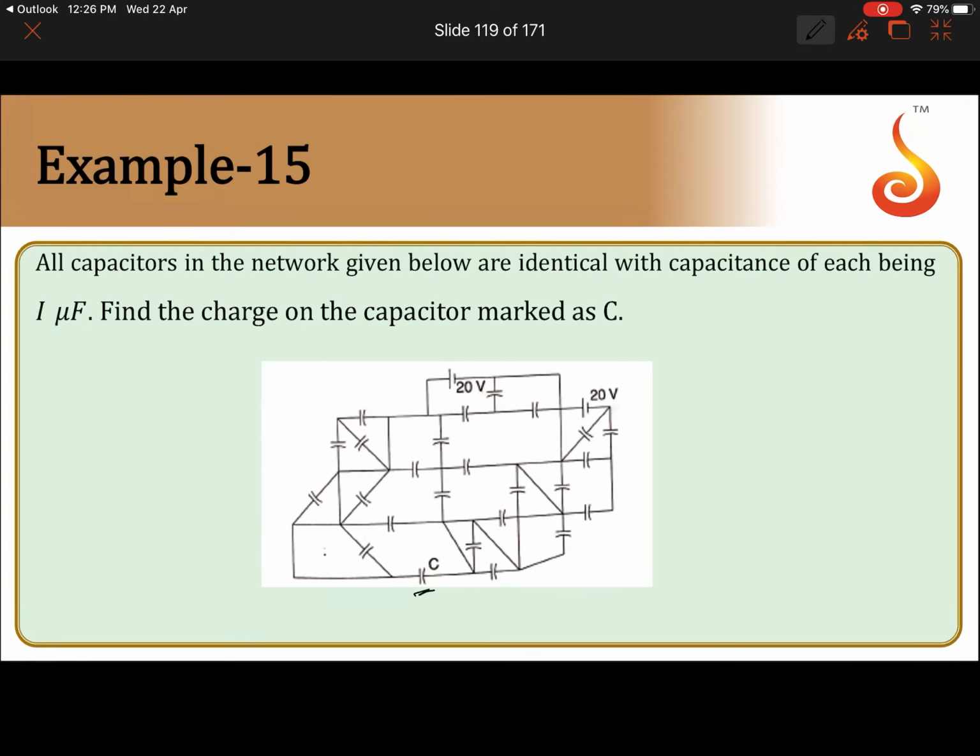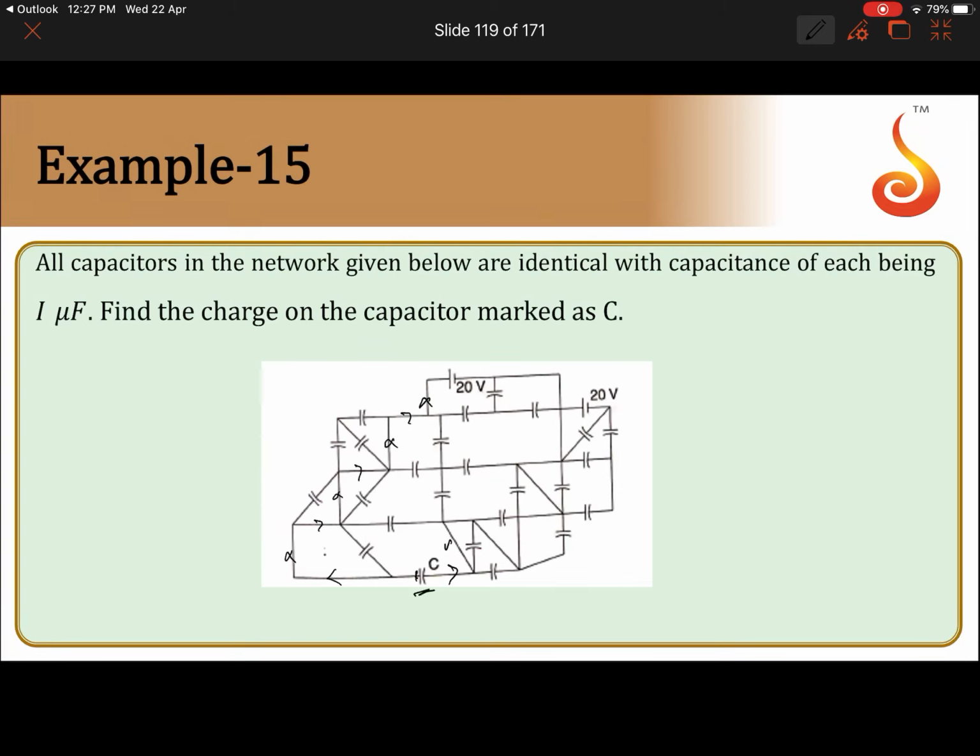The two plates of this capacitor are connected directly to the terminals of the battery. You see, let us check. The left side plate, you can go like this, I am putting an arrow, is connected to the positive terminal.